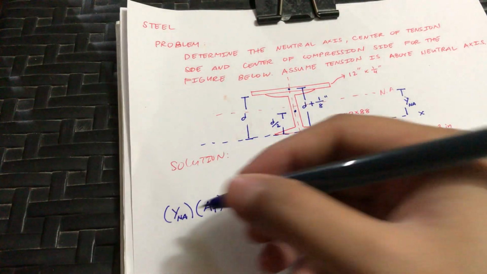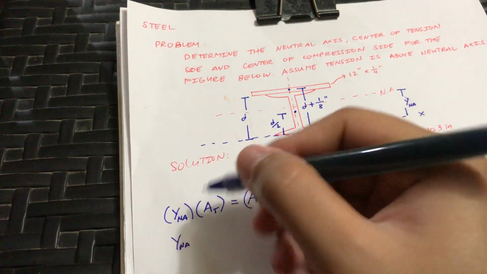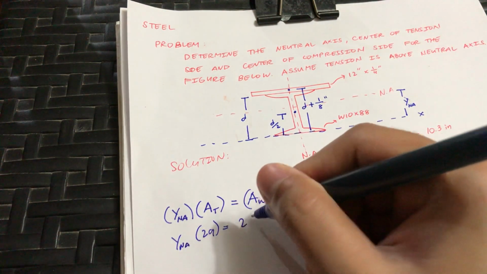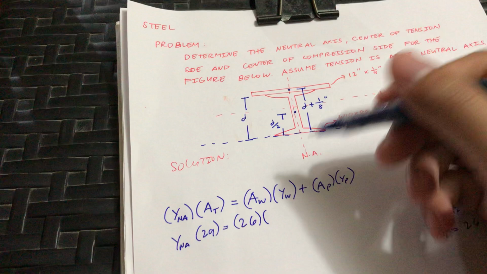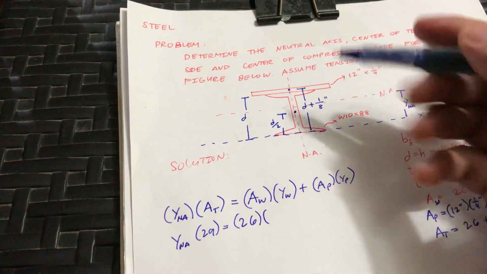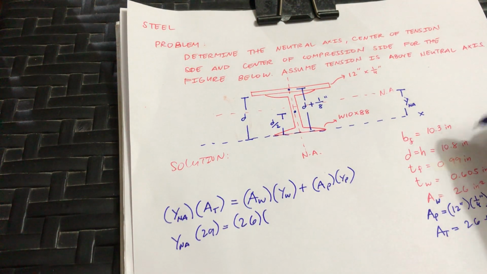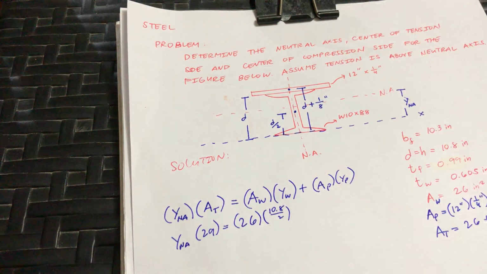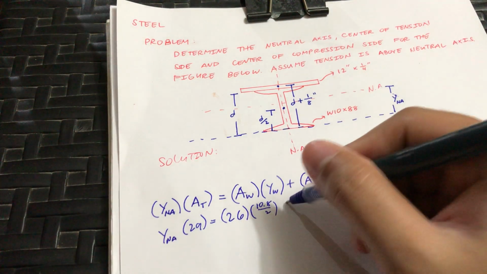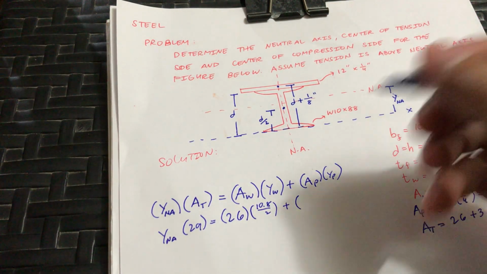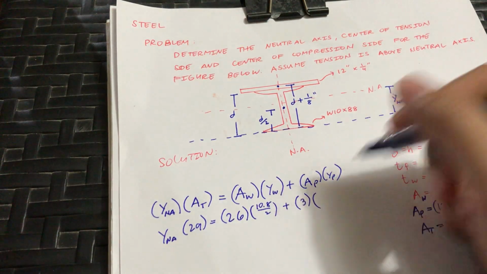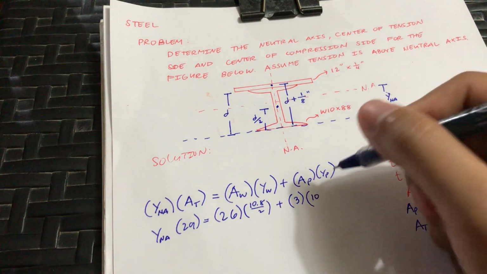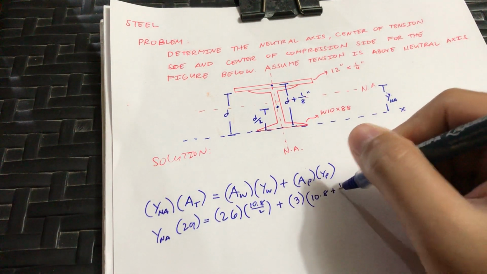So solving it, we have ȳ times 29 is equal to the area of the wide flange, which is 26, times the y of the wide flange, that is d over 2. Our d is 10.8, so 10.8 over 2, plus the area of the plate, which is 3, times the y of the plate, that is d, which is 10.8, plus 1/8.